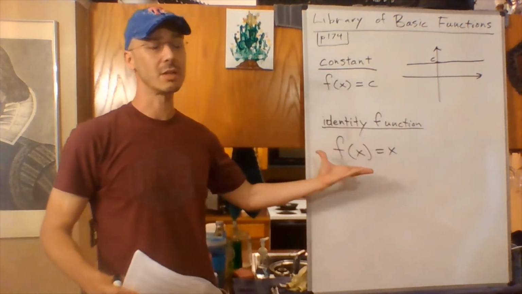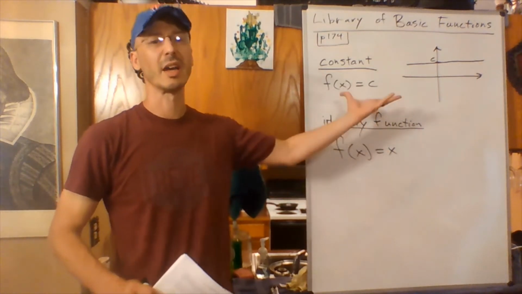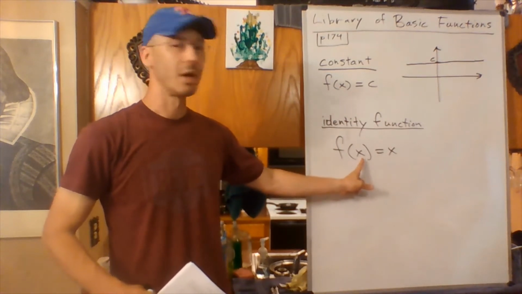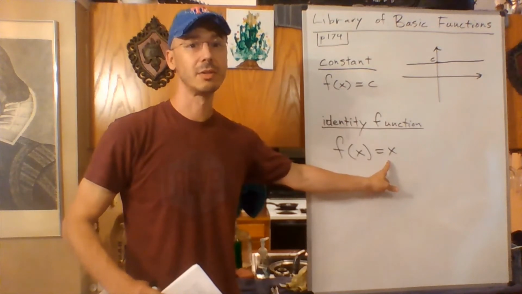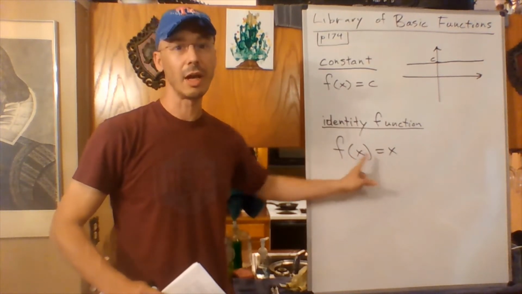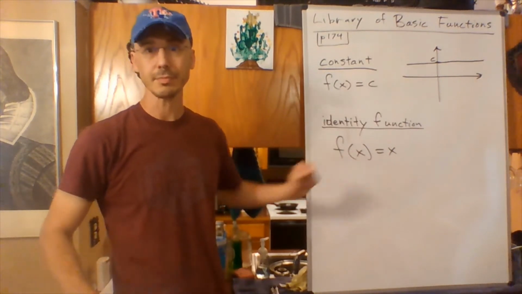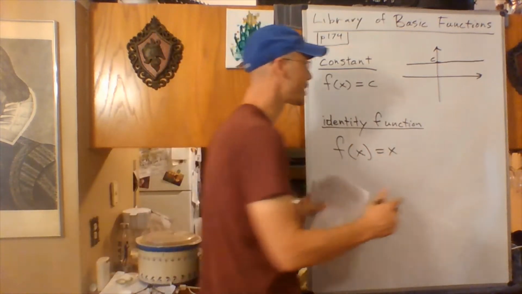And this one is potentially more flexible than some other functions. If you put a hippopotamus in here, you get a hippopotamus out. f of 1 is 1, f of 5 is 5, f of cucumbers is cucumbers. Whatever you put in, you get the same thing out.